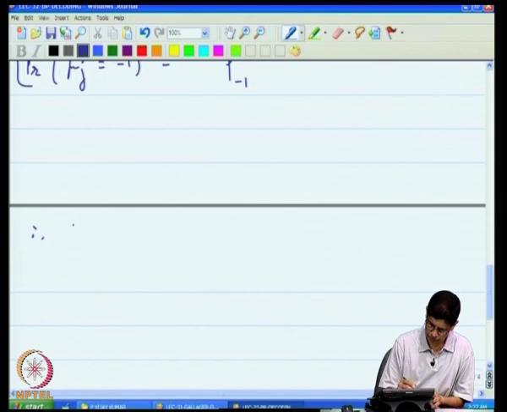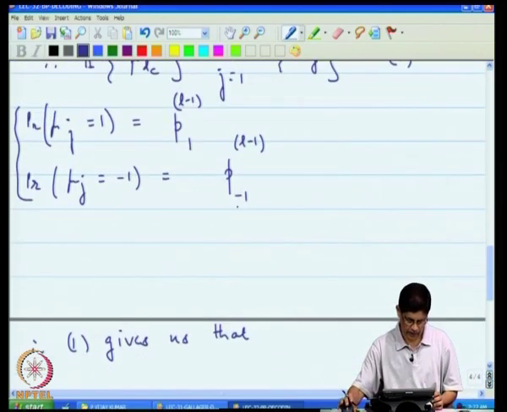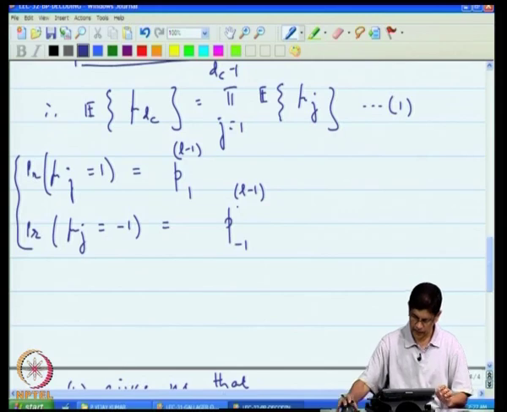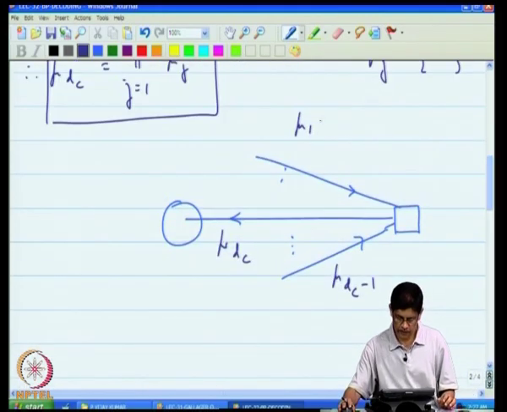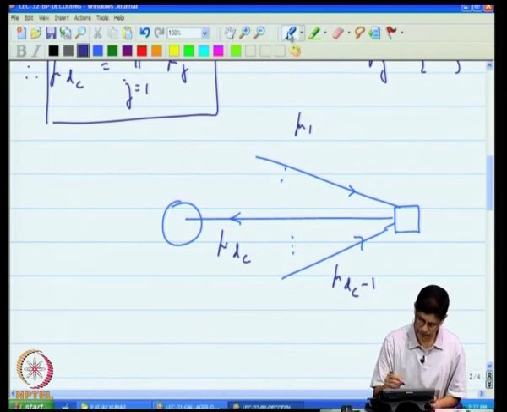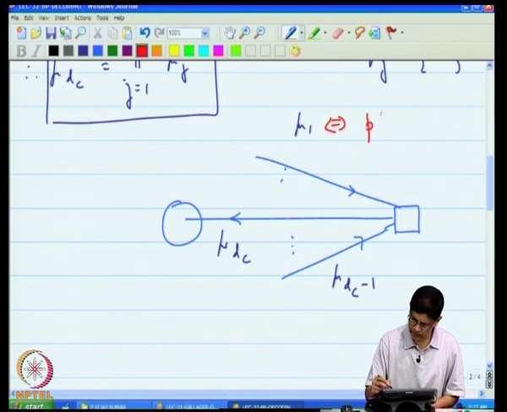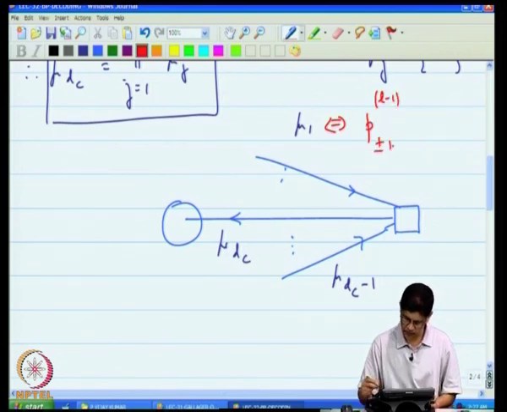Therefore, 1 gives us that, and I guess similarly, so I need to go back here again. So, these messages here are associated with probabilities p l minus 1 of either plus or minus 1.